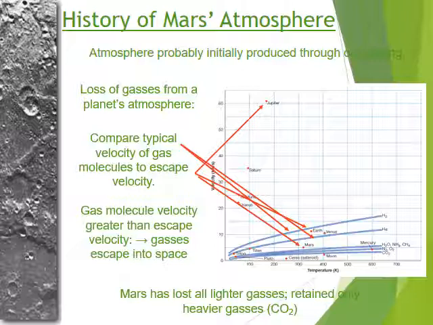For Mars, as you notice, certainly it can retain carbon dioxide, because carbon dioxide at the location of Mars has a radial velocity, or a velocity, which is listed here on the y-axis, that is lower than the escape velocity of Mars at that location, which is around 5 kilometers per second.